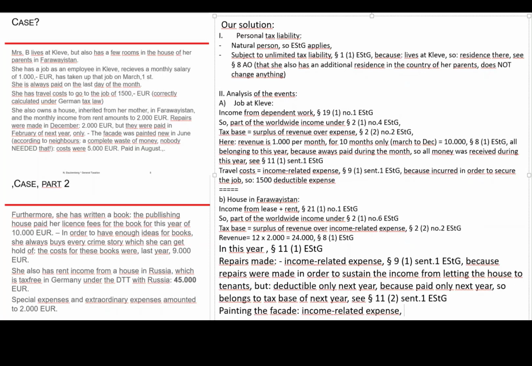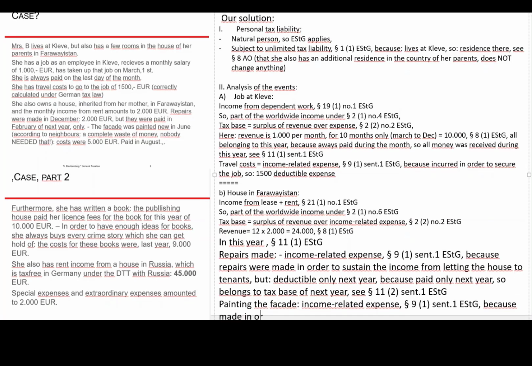Income related expense, section 9, sentence 1 again, because made in order to, in the long run, secure the income from the tenants.